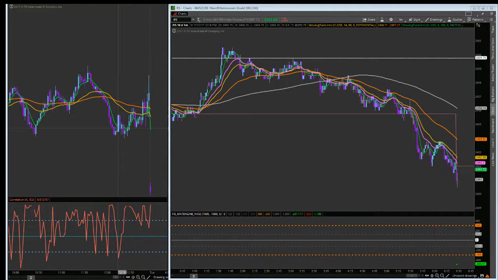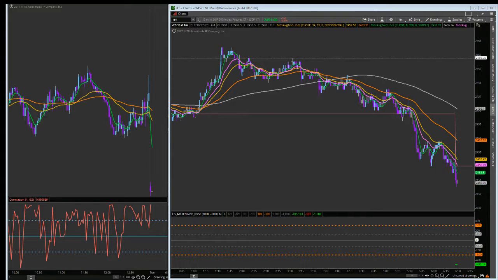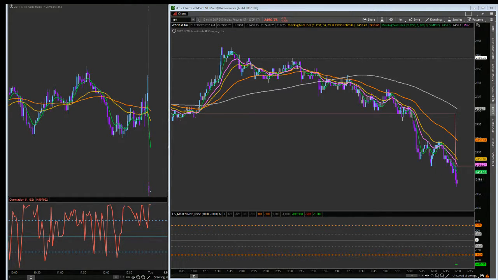Crude dropping off. Okay, we've got still negative on crude dropping, getting even shorter.